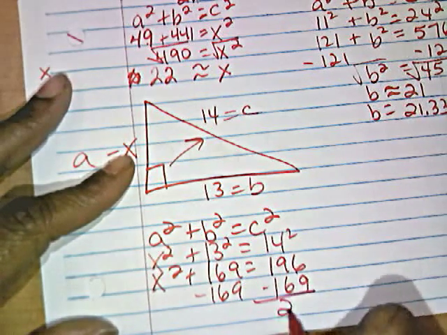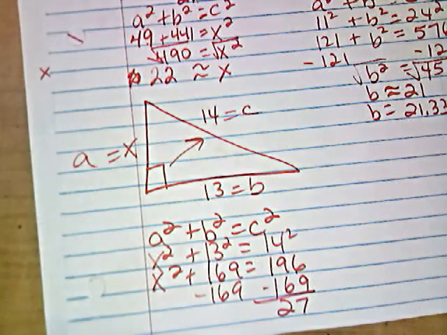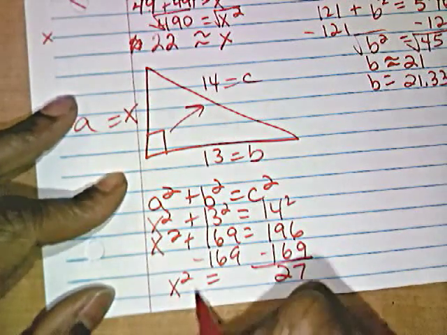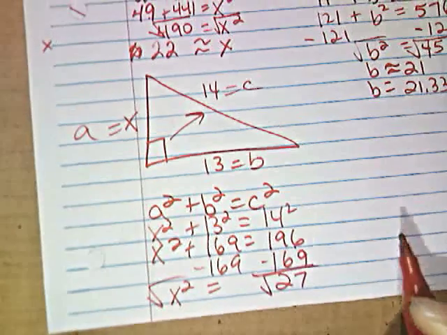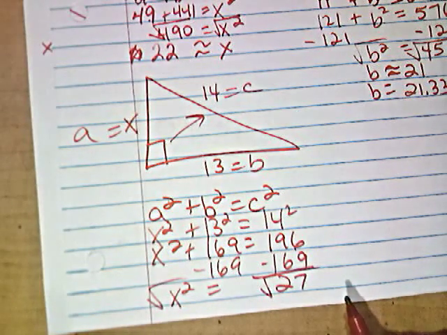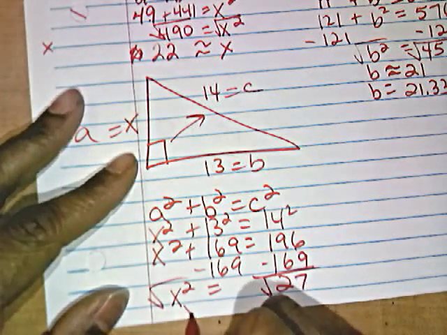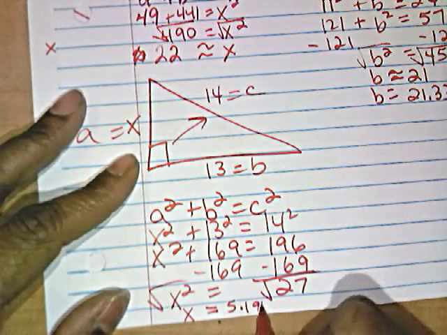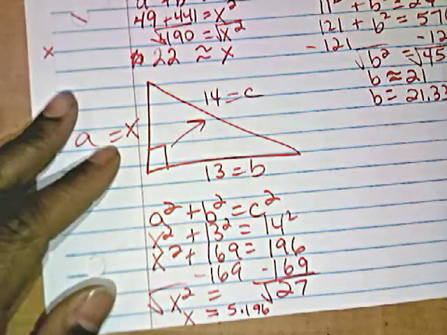Okay, and that gives me 27. X squared equals 27, and then I'm going to find the square root of that. X is equal to 5.196. Okay? So that's the final answer there.